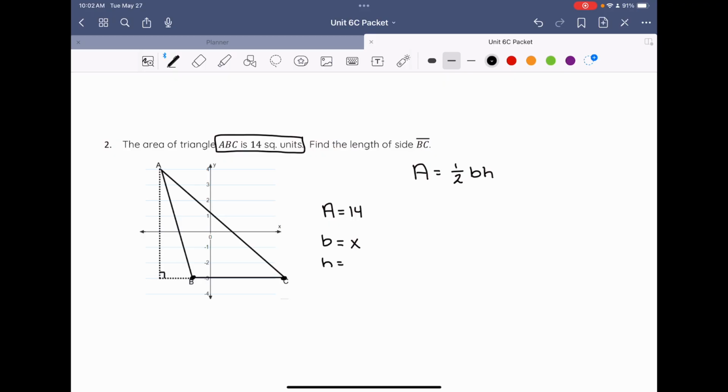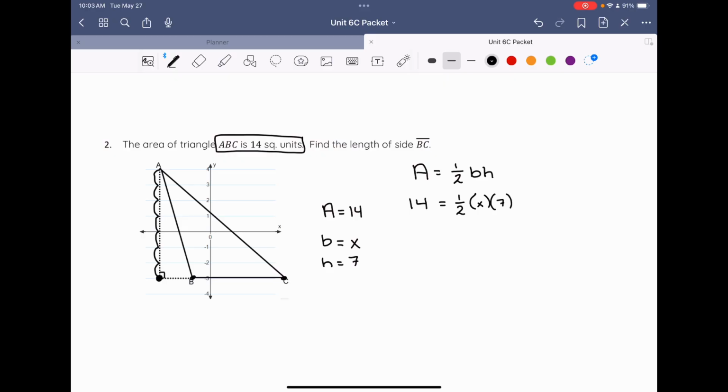And my height, again, I'm going to count. I'm going from this point here, because remember, I want the vertical height, not a slant. I'm going to just count 1, 2, 3, 4, 5, 6, 7. So my height is 7 units, and I'm going to plug everything in. So 14 equals 1/2 times x times 7.